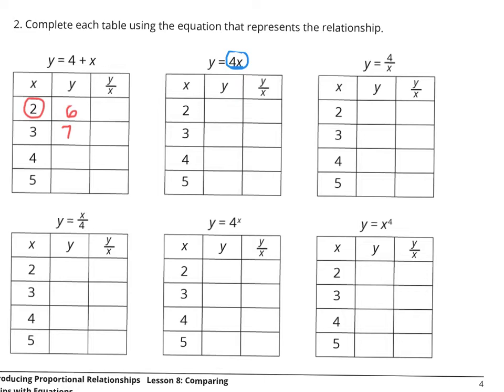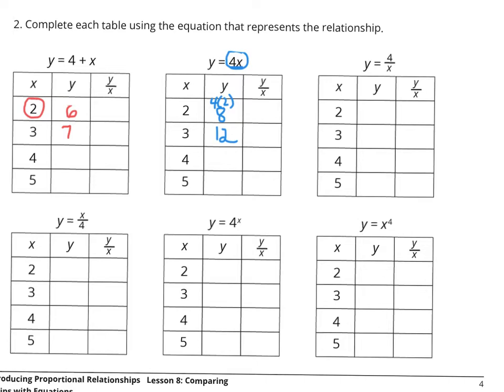So if x is 2, as we're told here, 4 times 2, sometimes they use little parentheses to represent multiplication, 4 times 2 would be 8. Moving down, if x is 3, I'm going to do 4 times 3 would give me 12. Okay, so you guys fill out that table, and then we'll move to the next one. Fill it out for x is 4 and x is 5.